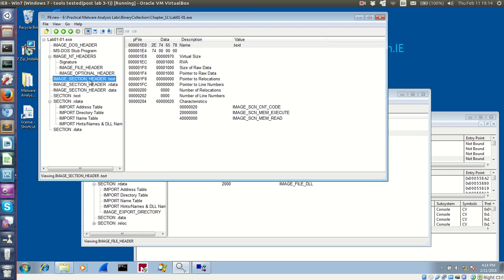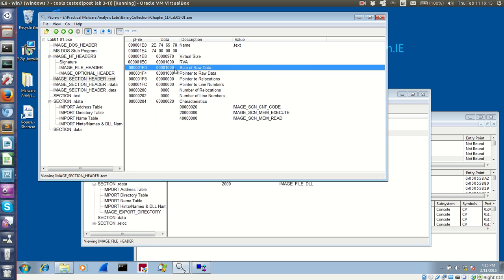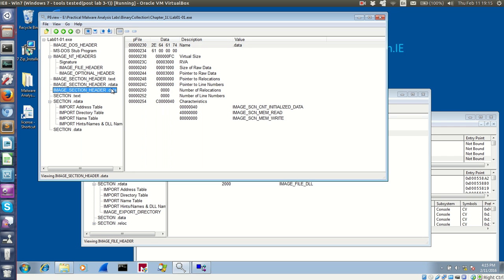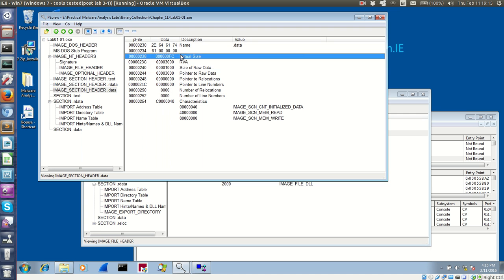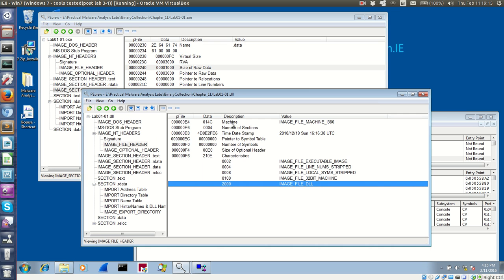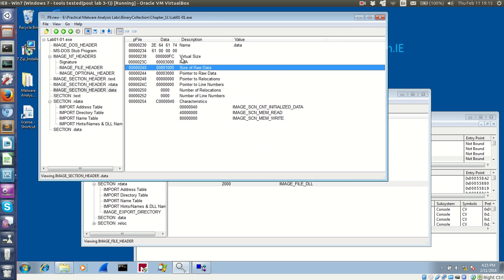And then also when we look at the image section headers for the text, the read-only data as well as the data, we see that the virtual size is kind of close to the size of the raw data. The big indicator here is if the size of the raw data is 0 or next to 0, then it's a decent indication that it's packed. And we see here that this is not the case in any of the instances. And the same thing goes for the .dll.